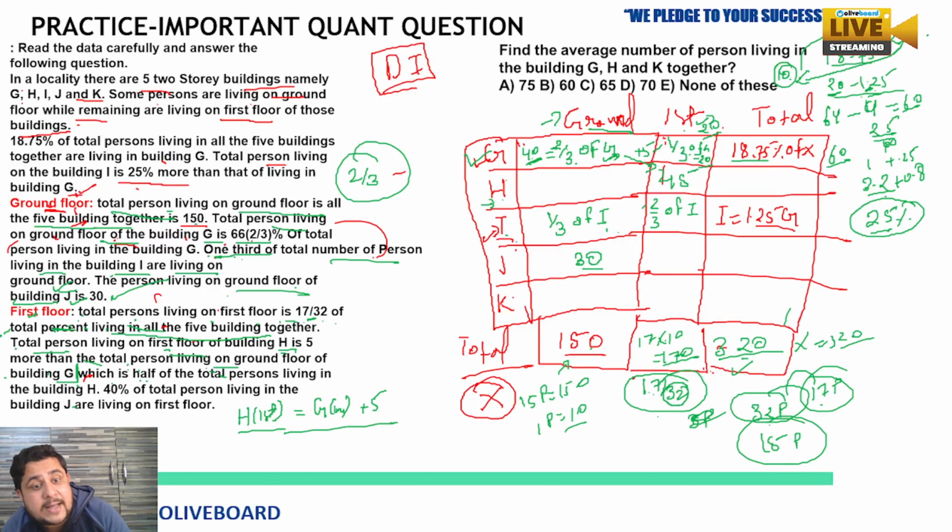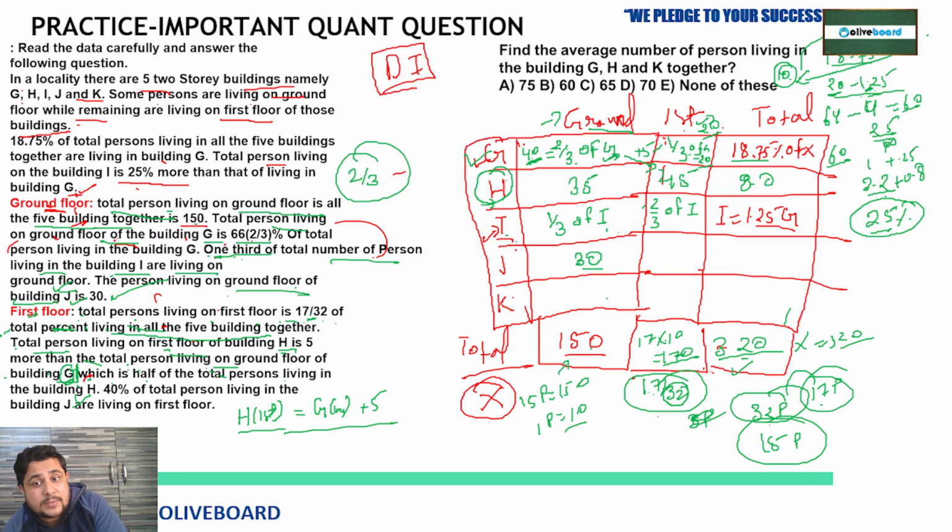Now which is half, they are talking about the total number of persons on the ground floor of building G, which is half of the total persons living in building H. So 40 is half the total number of persons living in building H. So the total number of persons in building H will be double of 40, which means 80. So already we know on the first floor 45, so on the ground floor it would be 80 minus 45, which means 35.